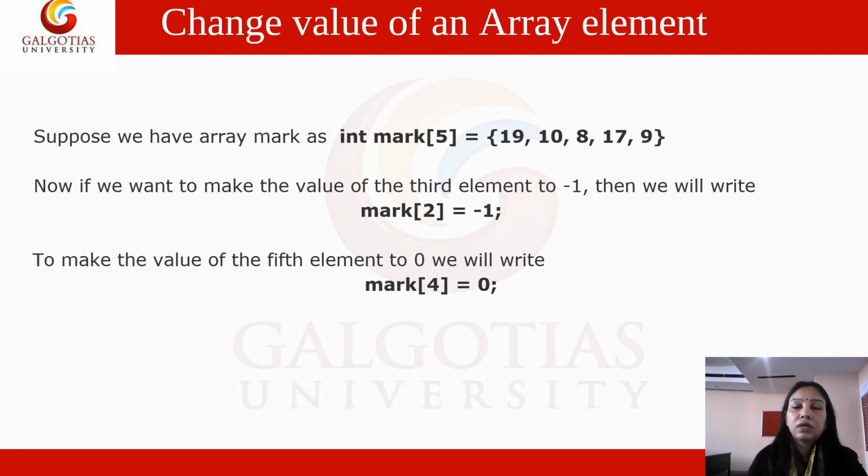Now I want to update the value of a. So in the next line I am going to write a = a + 1. So after this statement, if I print the value of a, what am I getting? 11, because I added 1 to the current value of the variable a, right? So I am getting 11.